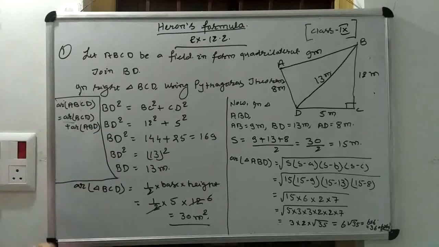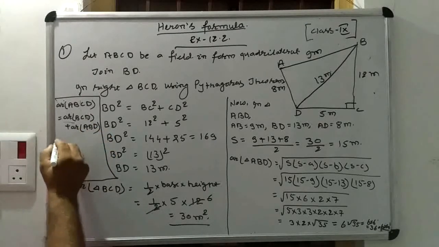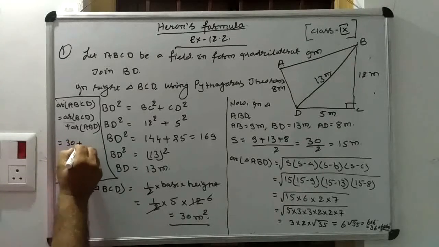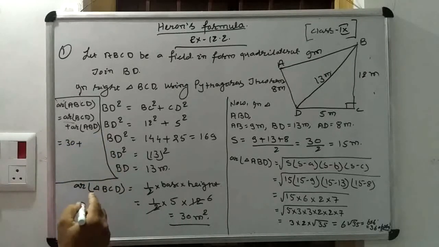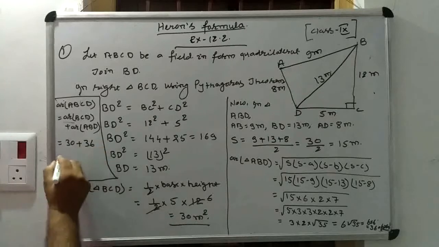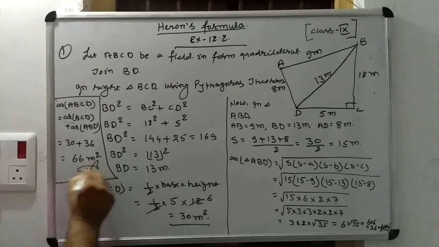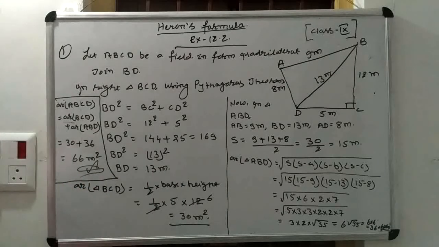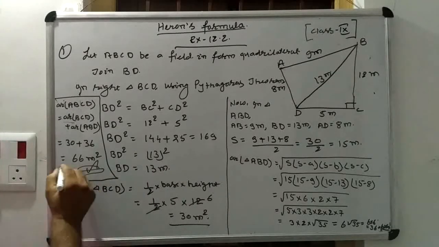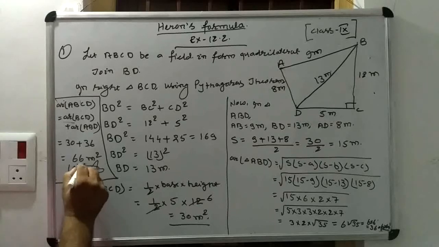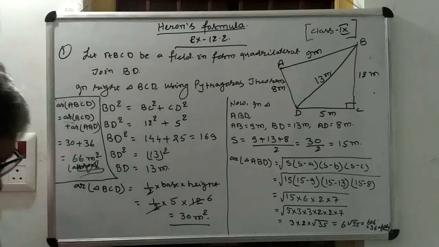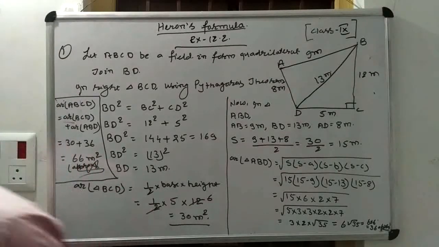Now add it all together. So area of triangle BCD is 30 plus area of ABD is 36. So I think 66 meter square is the required area, which is an approx value, because 35 is not a perfect square number.